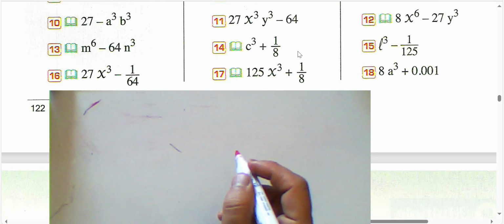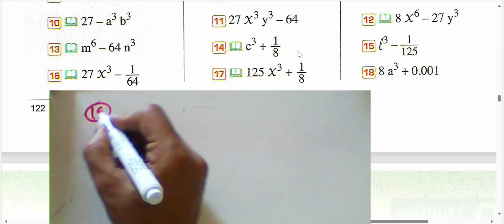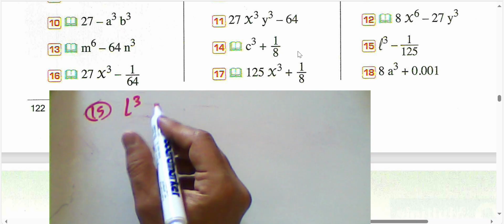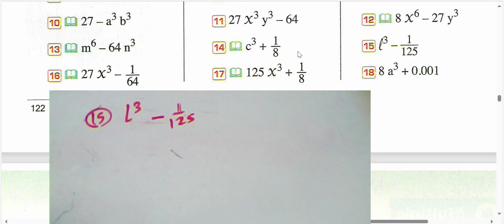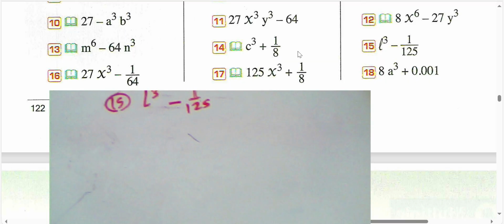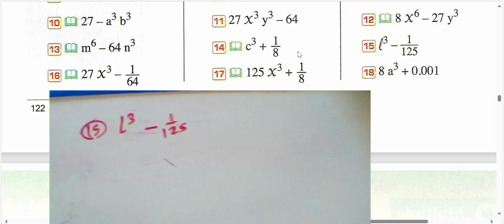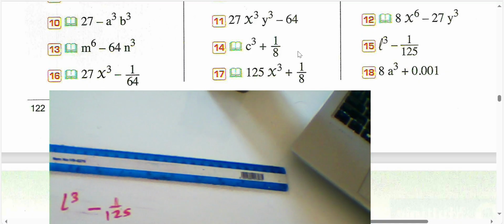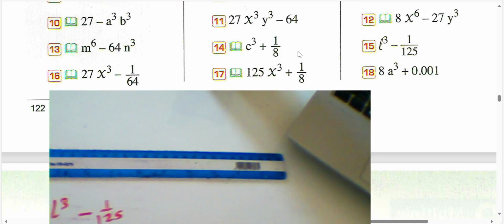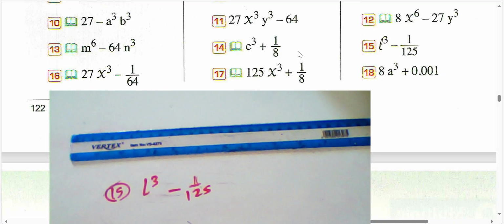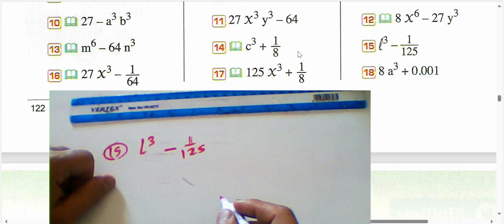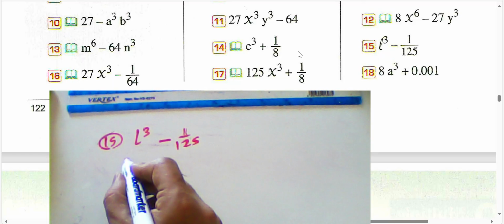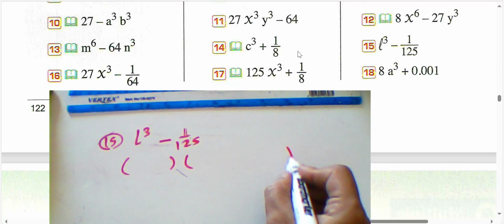We have question number 15. L power 3 subtract 125. Okay, we can factorize by opening two brackets, small and great.